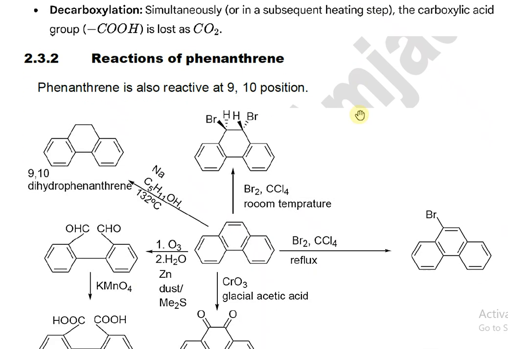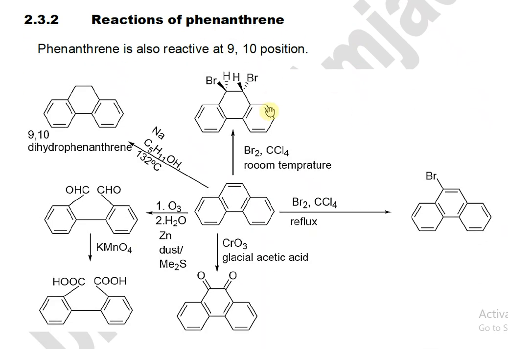So the reactions of phenanthrene, I don't give you the reactions alone here, I don't go into further details. But if you look here, phenanthrene reacts with Br2, bromination. These two positions here are so active toward the electrophile. At room temperature, the bromination will add to the carbon-carbon double bond.